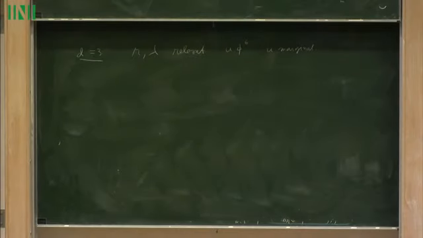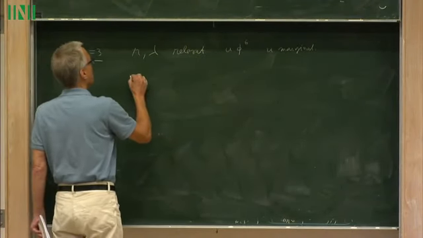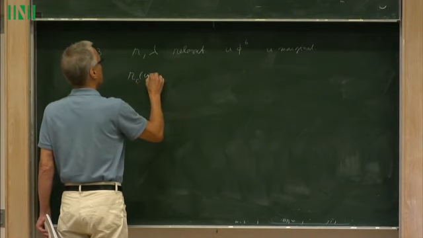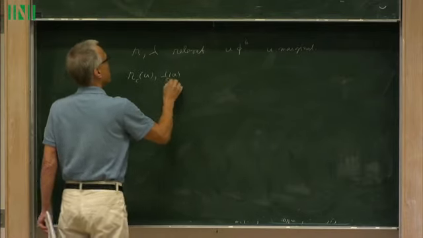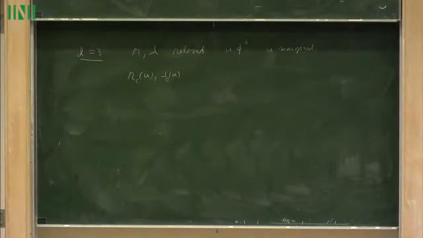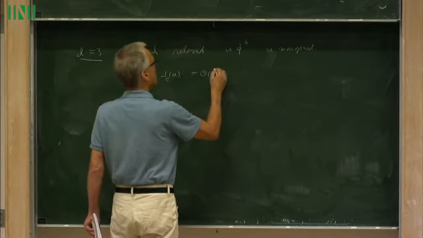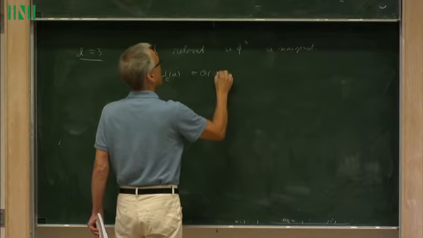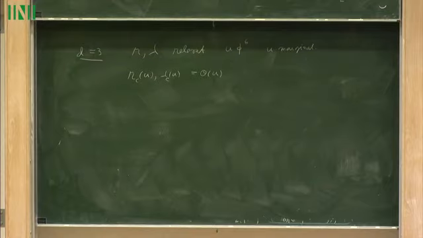So we could try to do the following. Given U, we could try to find a critical value of R and lambda, both of the order of U, and ask whether such a critical point exists.